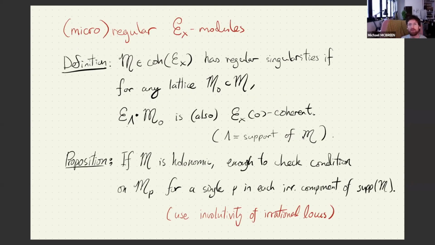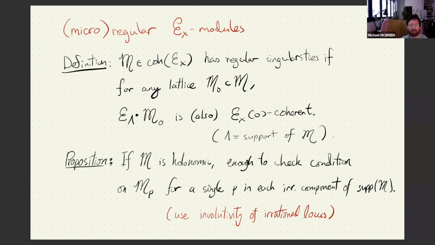Okay, with this in hand, we can define microregular EX modules. An EX module has regular singularities if, remember, a lattice is an E0 coherent submodule that generates the whole thing, for any lattice, its E lambda span is also E0 coherent.